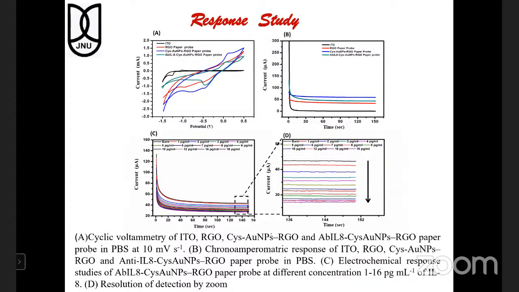You can see that as the IL-8 concentration is increasing, the current is decreasing. We varied the concentration up to 16 picogram per ml. But the advantage of this work is that the detection range is very low.